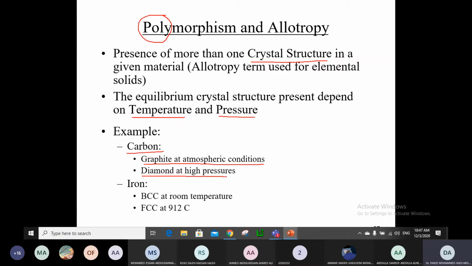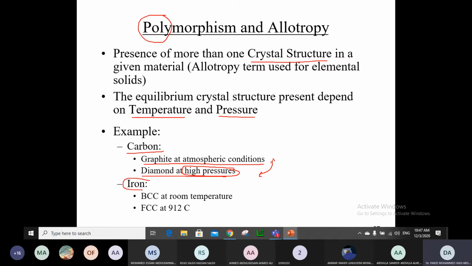What is diamond? It's basically carbon, but the crystal structure in diamond is very complex, and it gets developed at high pressure. Because of the pressure, the crystal structure changes. So carbon is a polymorphic material. It can display different crystal structures at different pressure.